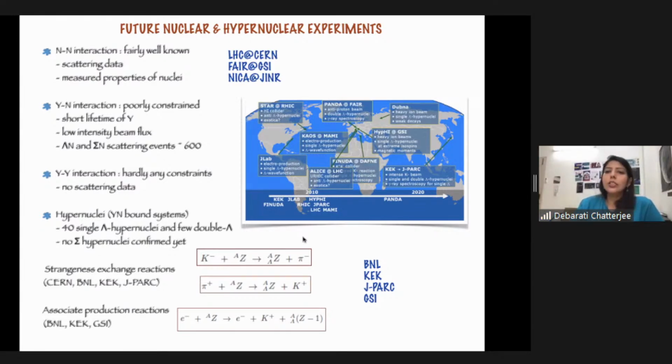All this is going to complement the rapid advancement of theoretical procedures also in lattice theory, in nuclear physics, and so on. And all this together will enrich our understanding of dense matter physics in compact stars.